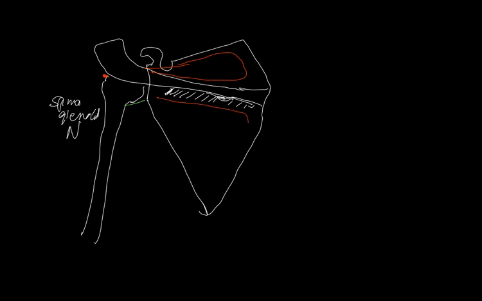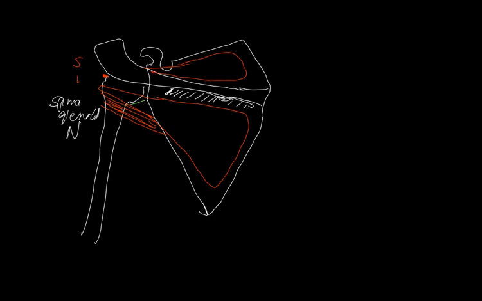Below you have the infraspinatus. The second attachment, I have told you, SIT: supraspinatus, infraspinatus, and then you have the third attachment, the teres minor. So you have the teres minor.